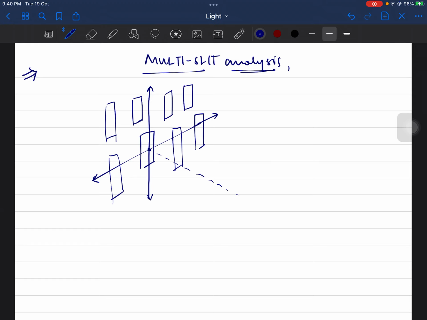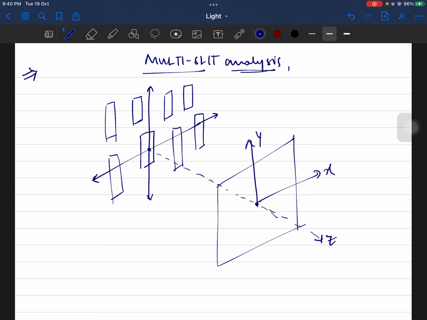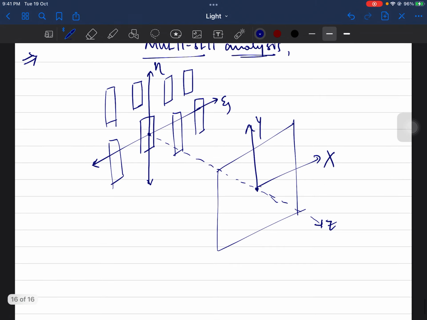This should be here, and yeah, this is the observer plane. This will be the z-axis, this will be the x-axis, this will be the y-axis, this is x, this is y, this is eta. Cool. So there is a point P here such that it has some direction cosines associated with it, right?